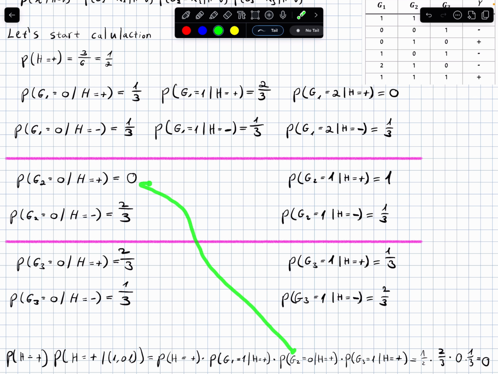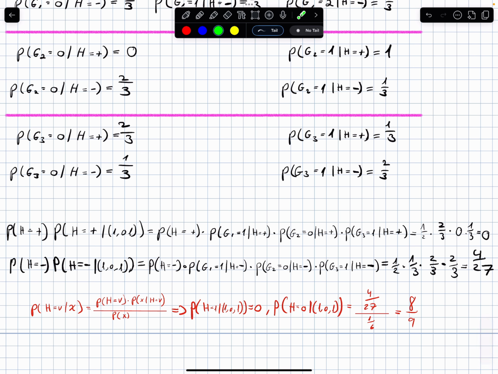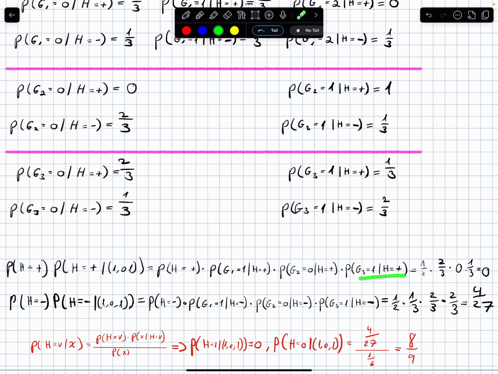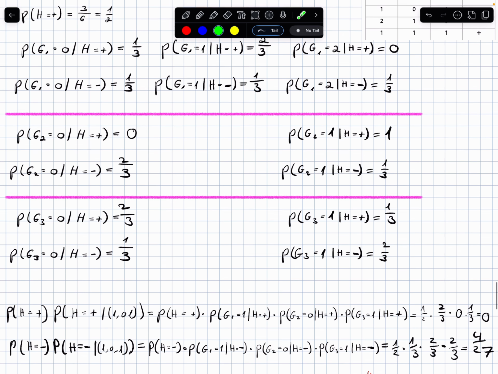Okay, so we already know that the result will be 0 because it's all multiplication, but we're gonna do this anyway. So g3 equal 1 and h is plus. So g3 is here. Okay, and now we get 0, and here we're doing the same thing. H minus is a half, which is this one. G1 equal 1 and h is minus.